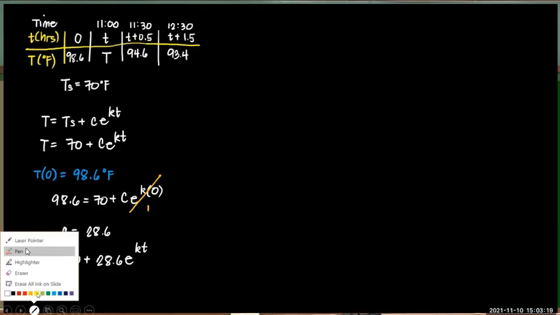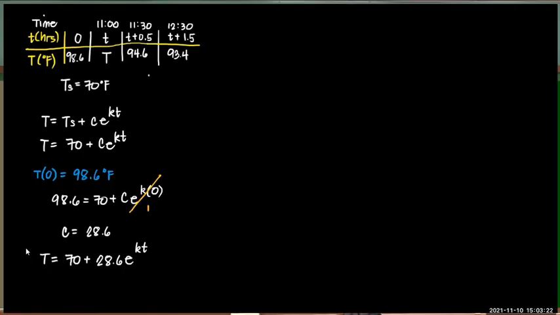So in here, condition number 1. Let's just say this is number 1. This is number 2. Using 1, you know that 94.6 is equal to 70 plus 28.6 e to the k times t plus 0.5. All right, can you please solve what's 94.6 minus 70?